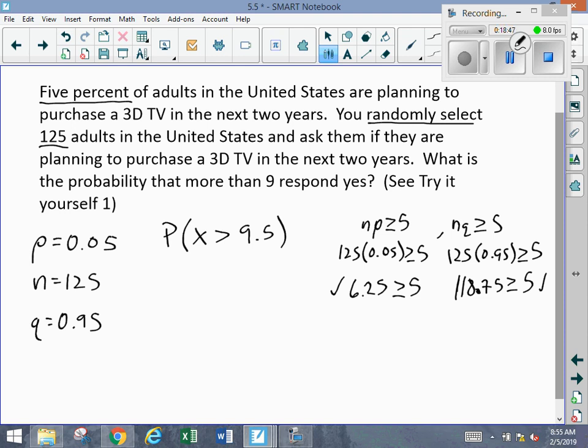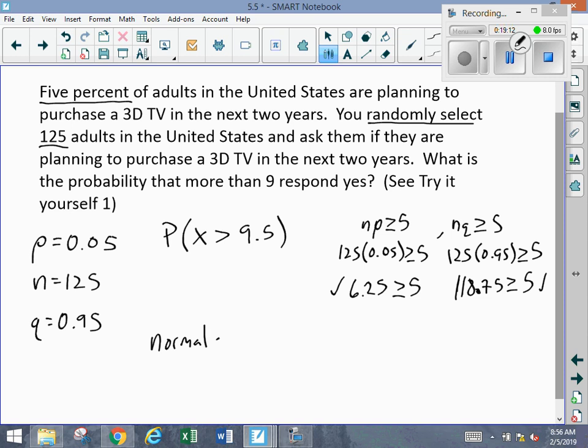So we can find a z-score and use the table, or we can just go ahead and go to our handy dandy calculator, put in normal CDF.